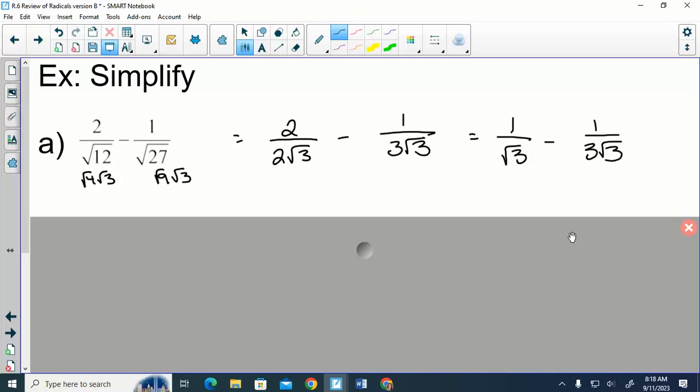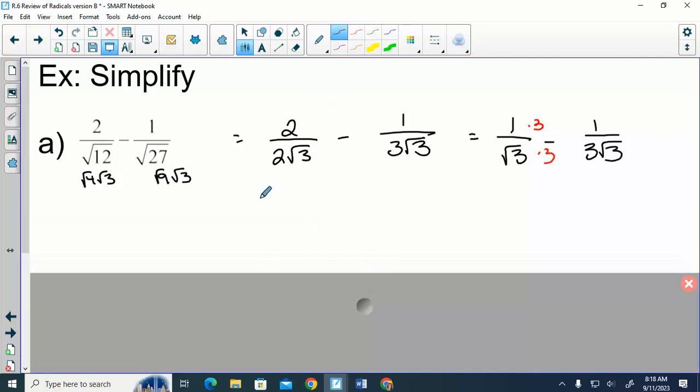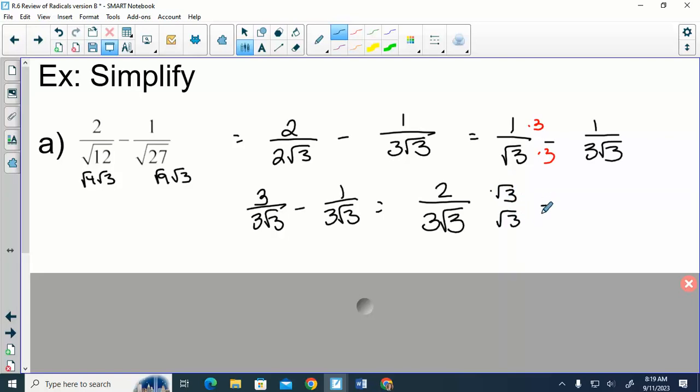What would I have to do to give them the same denominator? Multiply the first one by 3. Do it on top and bottom. So 3 minus 1 is 2 over 3 radical 3. And now to get the radical off the bottom, what do we do? So we get 2 radical 3.